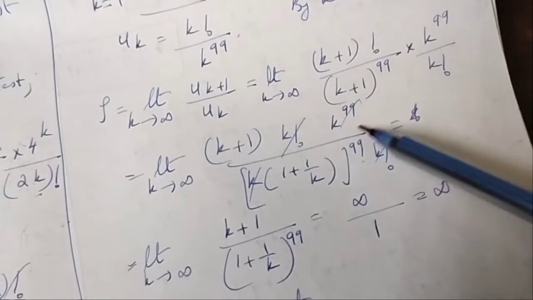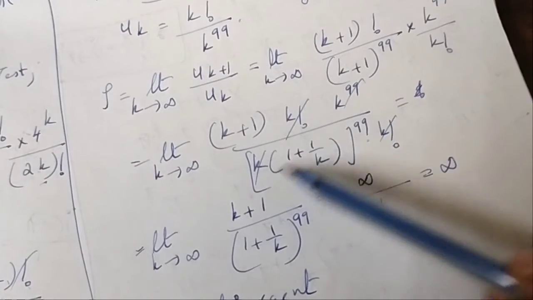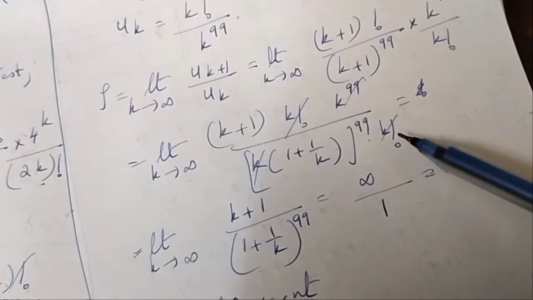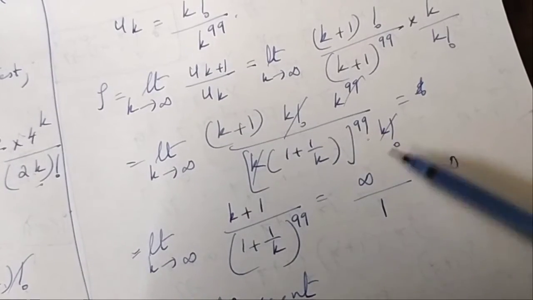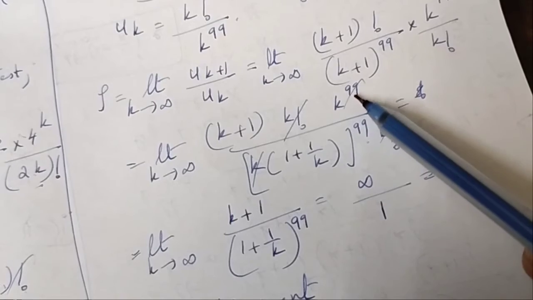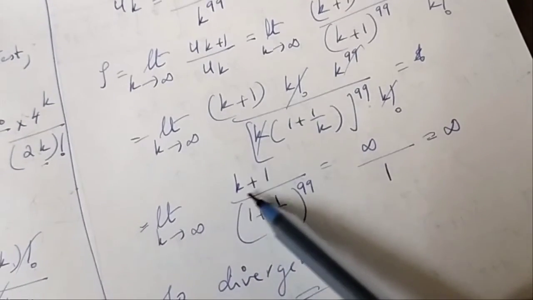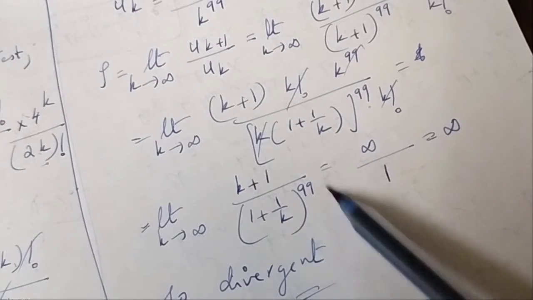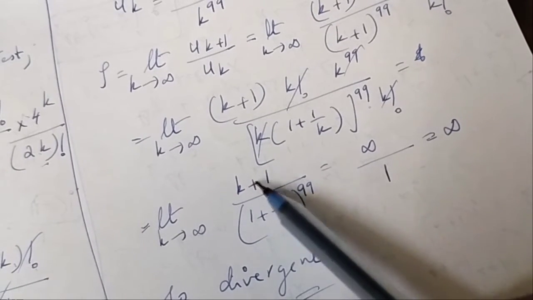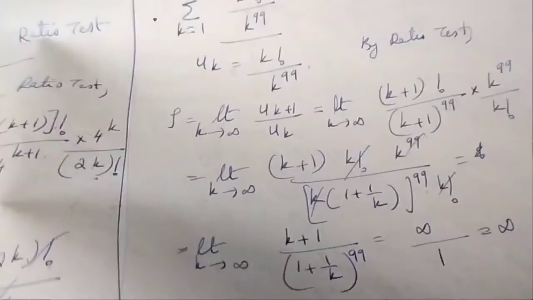We can take k outside, so k into 1 plus 1 by k the whole raised to 99. The k! cancels, and k raised to 99, the same term in the numerator, cancels out. So the remaining is k plus 1 by (1 plus 1 by k) the whole raised to 99. If k is infinity, it is infinity. So the series is divergent.